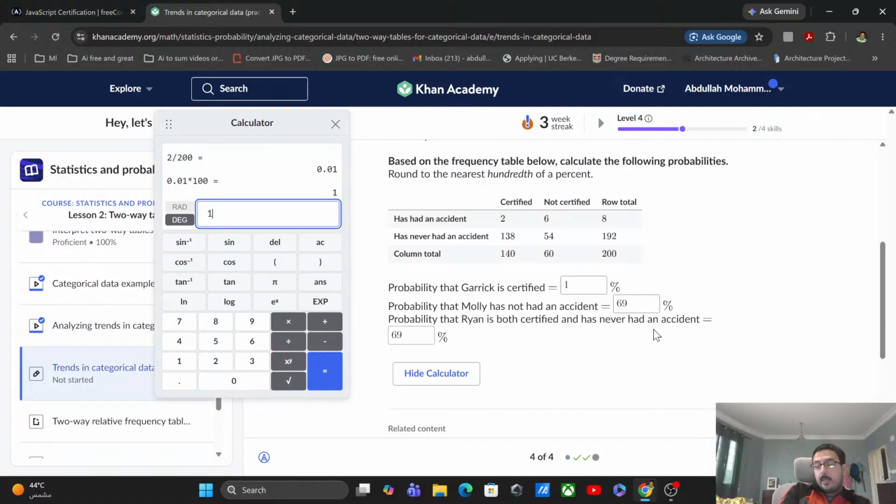Did she claim those certifications after she had an accident? She never had an accident. That could be 138 over 192 if she claimed her certification after she had an accident. But she has never had an accident.